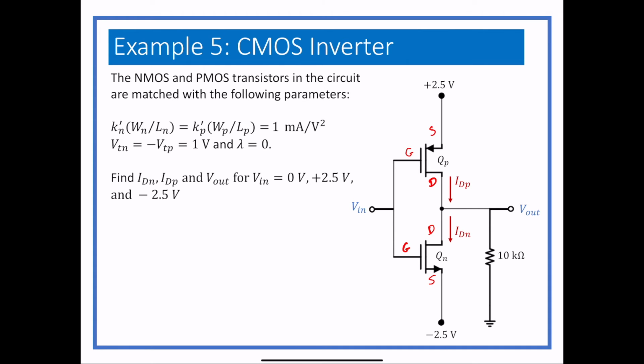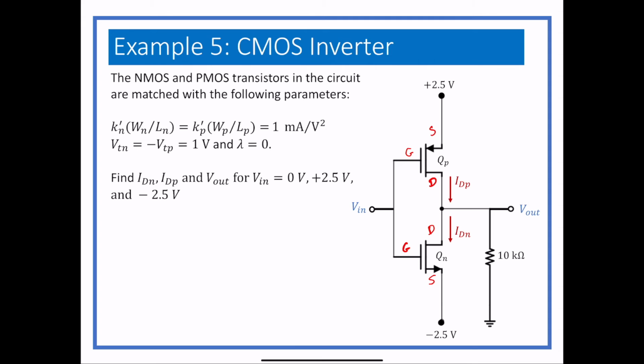So it gets flipped over because it's a PMOS. So we want to find the current in each one of them and the output voltage for three different values of input. Input is basically going to be what the gate voltage is.